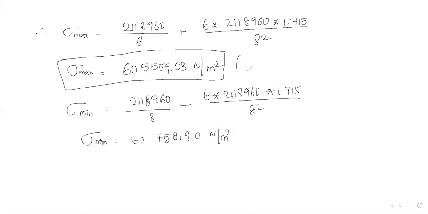So this is compressive stress and this is tensile stress, that is sigma minimum is equal to 75819 Newton per meter square. This is tensile stress.